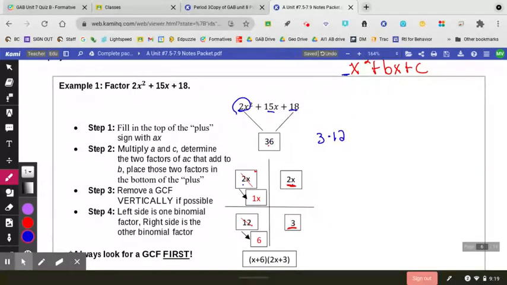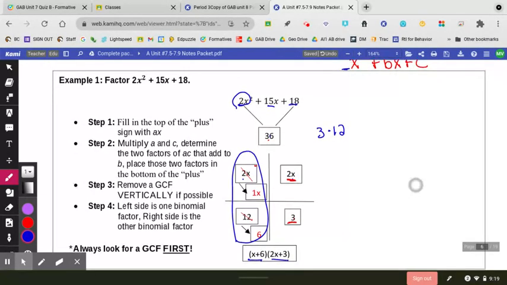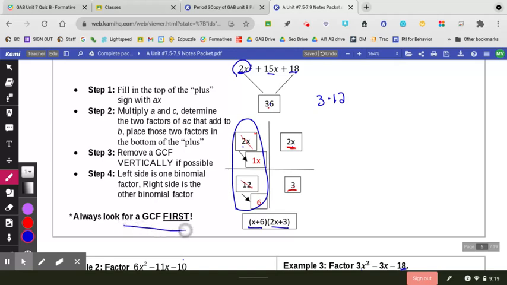And then I take my 12 and 3 and write them right below. I then look vertically for any common factors. So 2x and 12 have a common factor of 2. So I divide both those by 2, which gives me x plus 6 times 2x plus 3. I should always look for a GCF first.